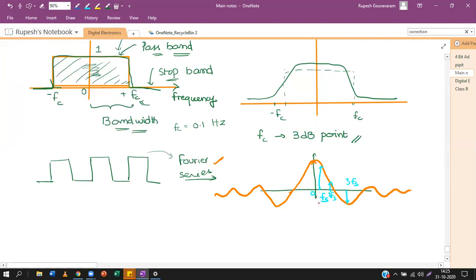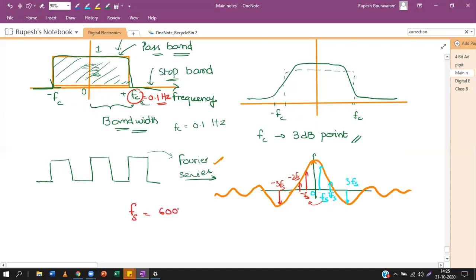This side also there will be a counterpart of Fs, that is minus Fs, minus 2Fs, minus 3Fs, and so on. So there will be Fs, 2Fs, 3Fs, and so on. Out of which, if our cutoff frequency is 0.1 hertz, it will only allow, so suppose, what is Fs here?